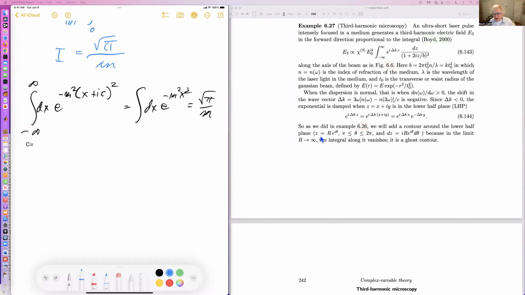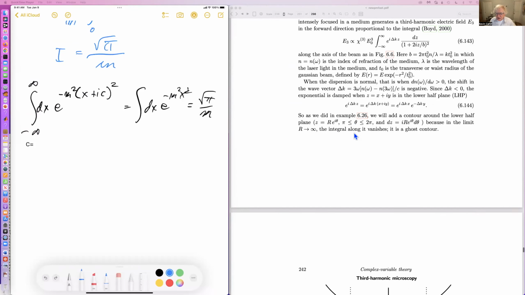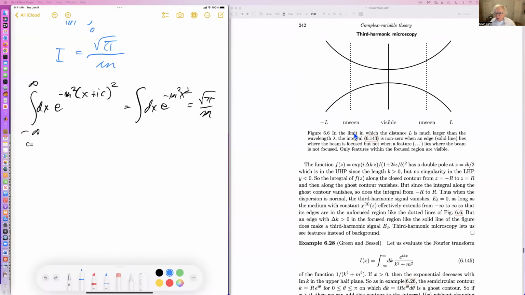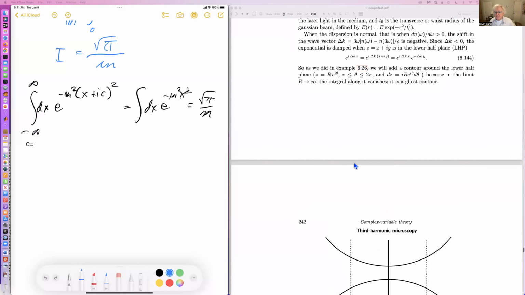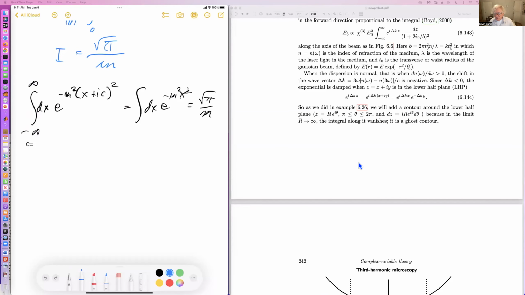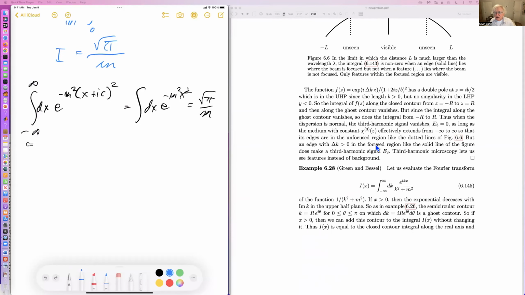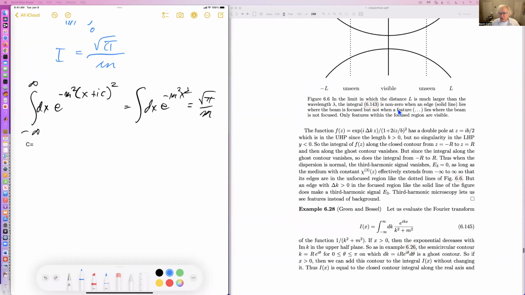And so we can add a contour and then go around the lower half plane. And what do we get? Well, this function f of z, which is the integrand here, has a double pole in the upper half plane, but not in the lower half plane. So the integral is 0. So we don't get any signal at all.